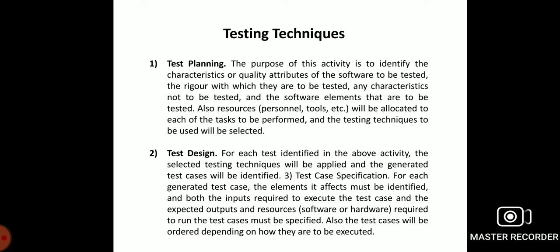Also, resources, that is personnel, tools etc., will be allocated to each of the tasks to be performed, and the testing technique to be used will be selected.